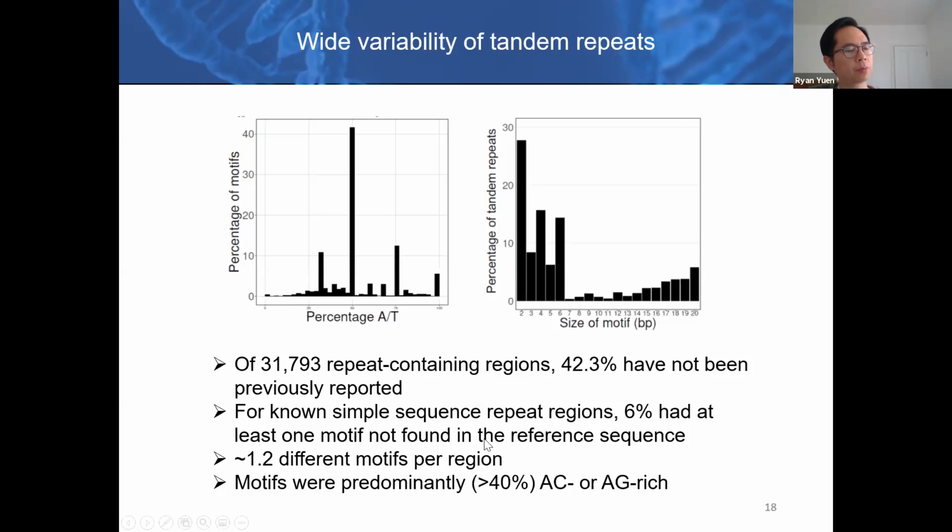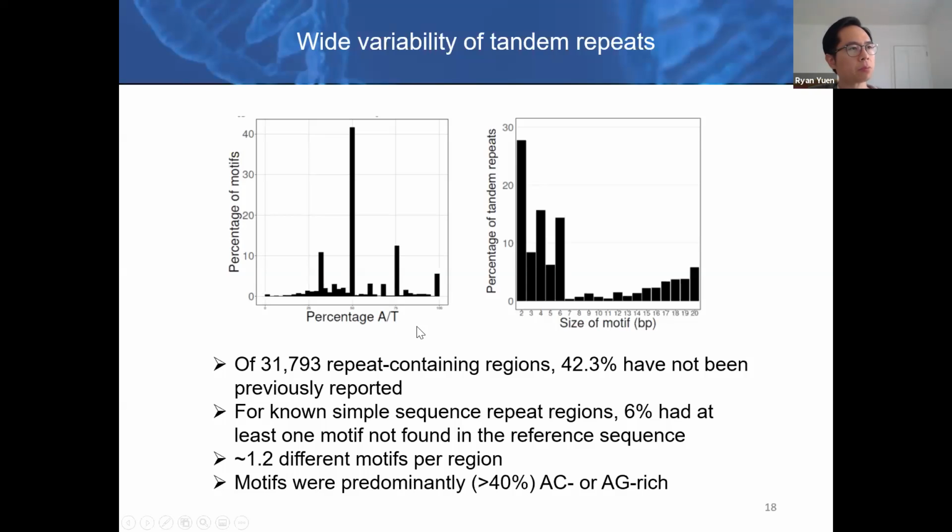And on average, there are at least 1.2 different motifs per region, again showing how variable the sequence is at these loci. Consistent with other reports, we found that the motifs were predominantly AC or AG rich, depending on the direction or orientation.